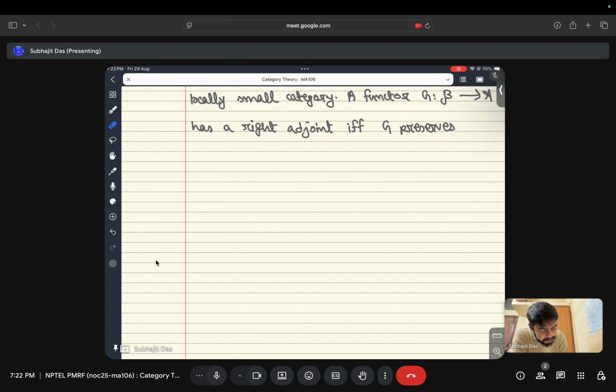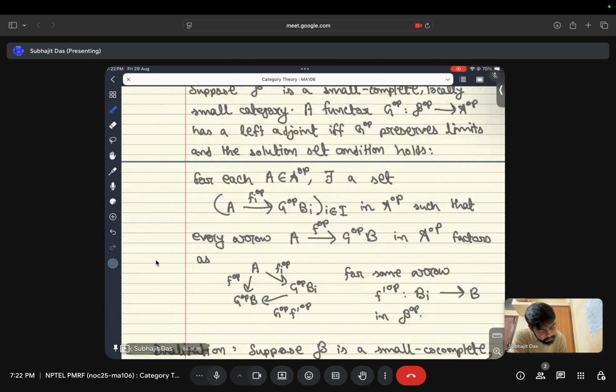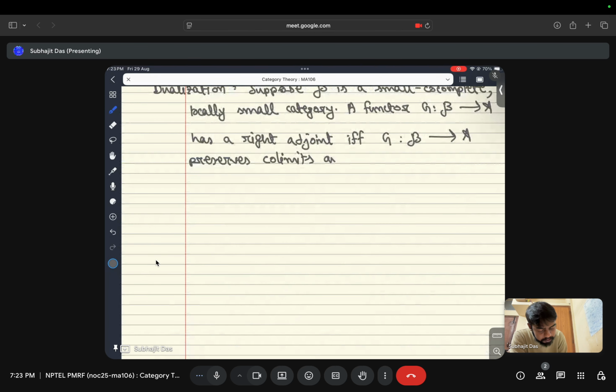okay, so let's write the functor G. G is from B into A, preserves co-limits, that is co-continuous. And the solution set condition holds.